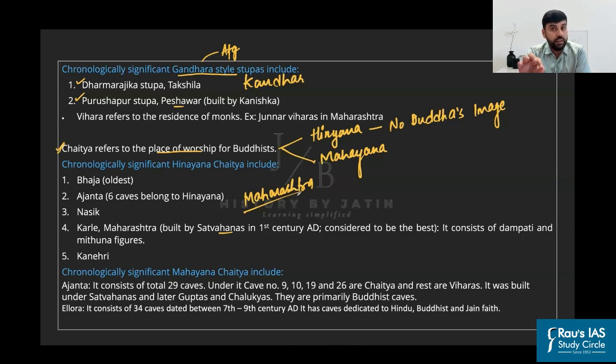It's very tough. Creating a rock-cut cave in the Himalaya is almost next to impossible because there are landslides. But Ajanta, Ellora, Aurangabad, the Maharashtra region, the Deccan part, where all these are located, you will not find much difficulty in creating a cave. That's the reason why they are there.